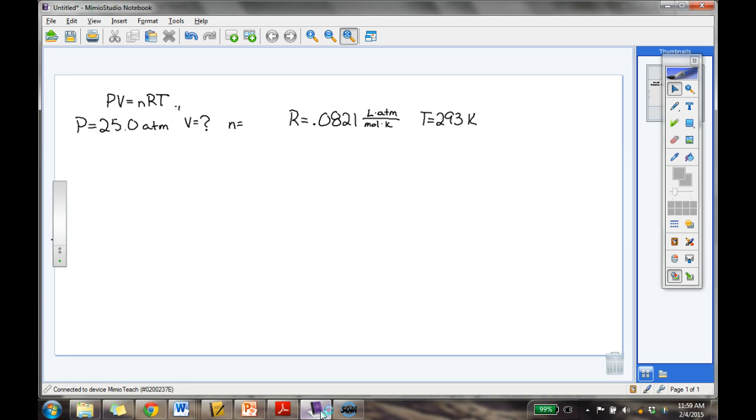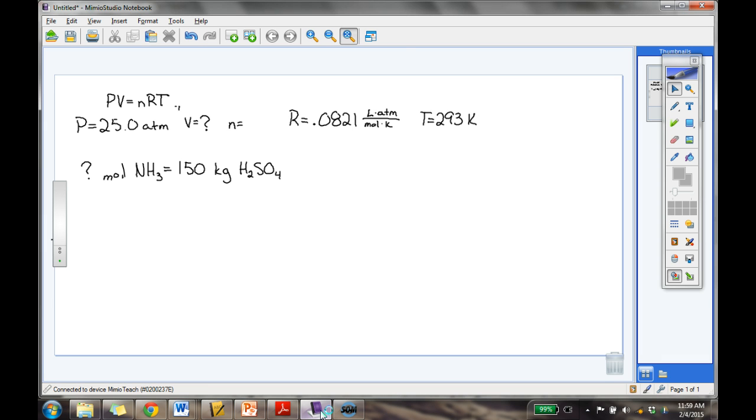Here's all of our information, but we don't know how many moles of NH3 we're going to end up getting if we have 150 kilograms of sulfuric acid.